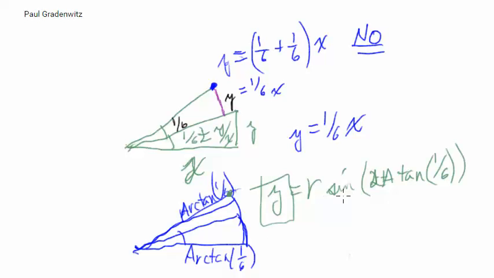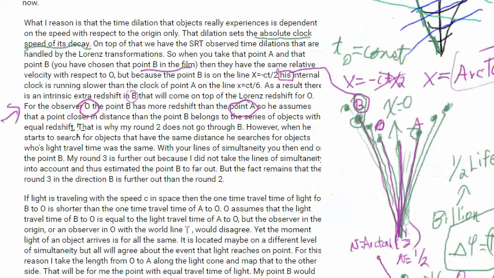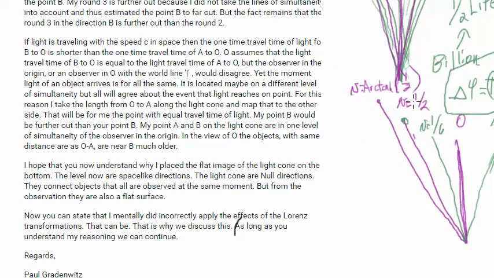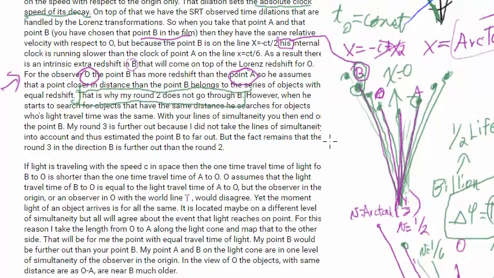So y equals r sine of 2 arctangent of 1/6. And that should be why your round 2 does not go through B, because you're adding slopes together. These are adding slopes: 1/6, 1/3, and 1/2 are adding slopes together, and when you add slopes together, you don't get an even formation.